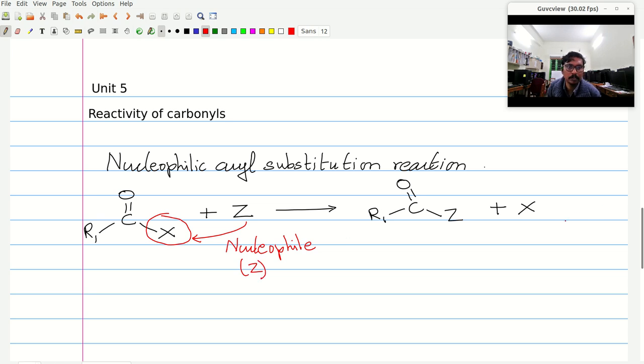So this is a typical example of a nucleophilic acyl substitution reaction.